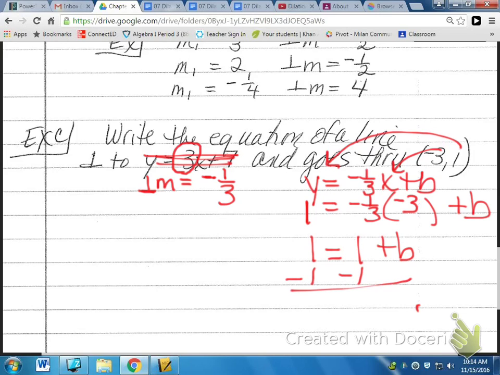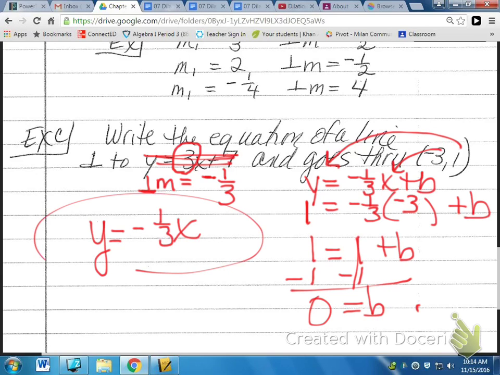Subtract 1. Uh-oh, what happens here? What's b? 0. And that can happen. That just means that it goes through where? The origin. So your equation is y equals negative 1/3 x. Don't put plus 0. We don't need that. Y equals negative 1/3 x. Done.